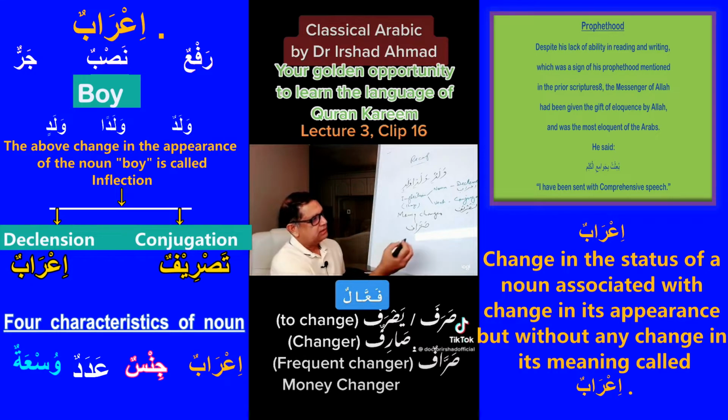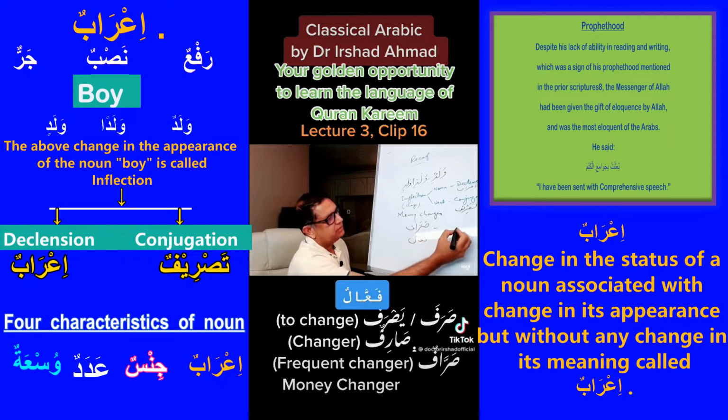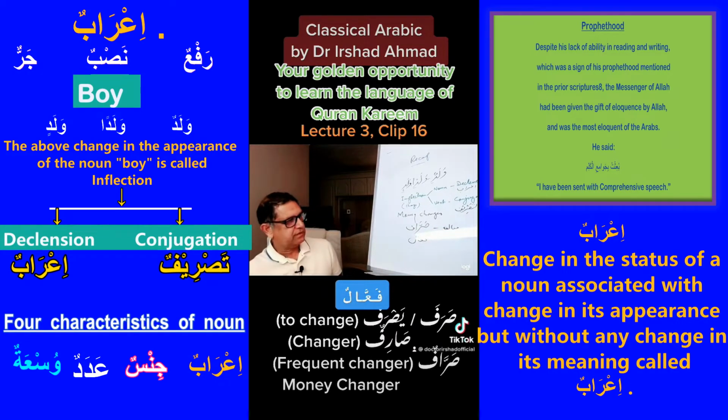So there are patterns in Arabic, and this pattern is that of fa'al. We will study that in a separate lecture. So sarraf is an expression of mubaligha, excessiveness of something, and something which is done repeatedly and excessively.